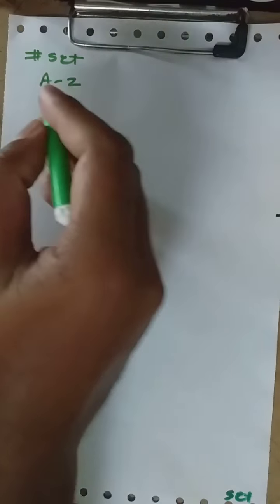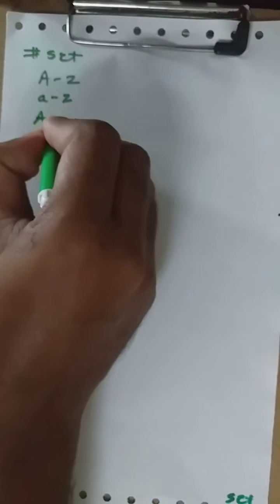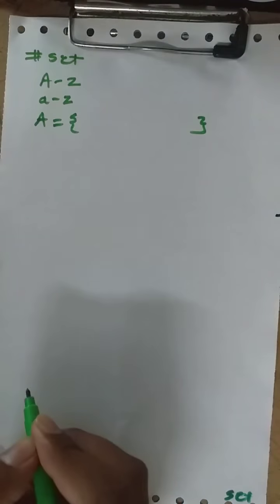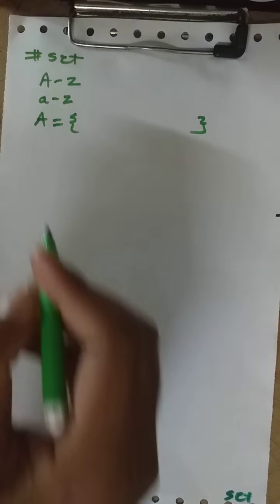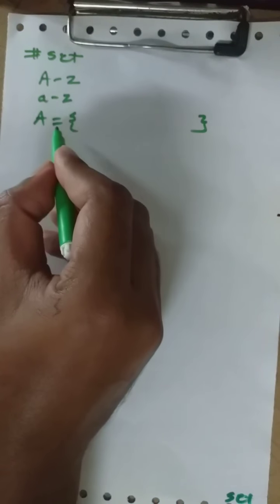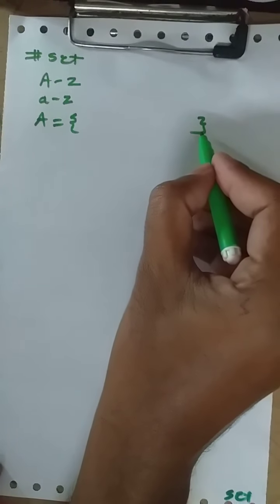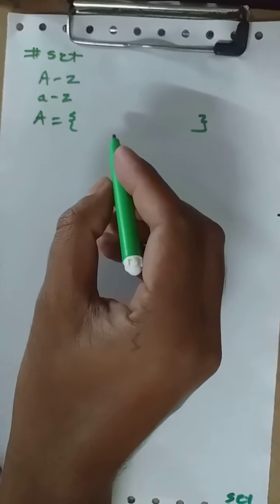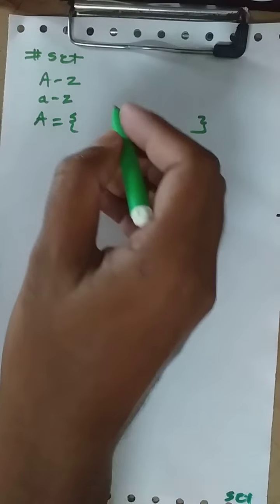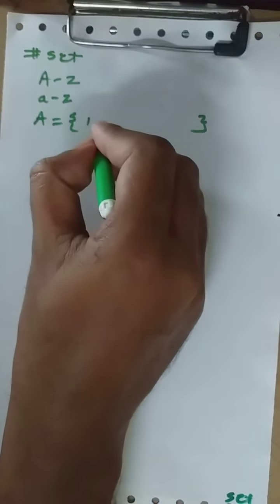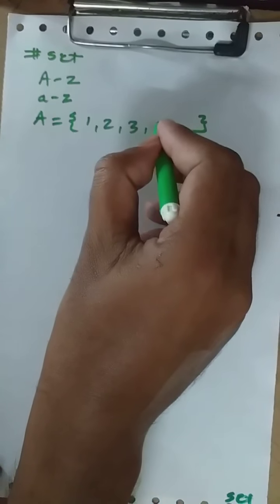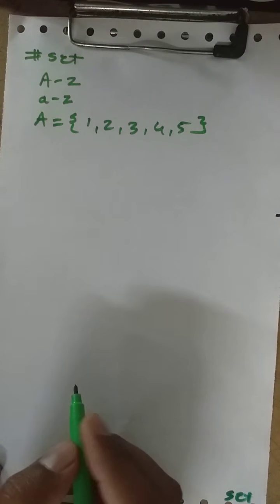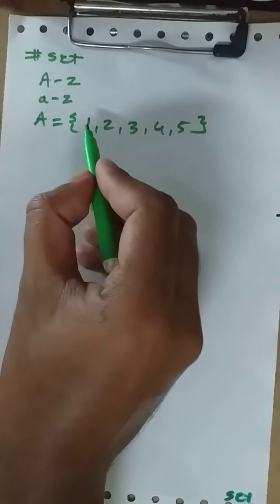So we can say that A is equal to opening brace and closing brace. A is the name of the set, and in that we can list out the elements of that set, that is 1, 2, 3, 4, 5, etc. So this is nothing but the elements.